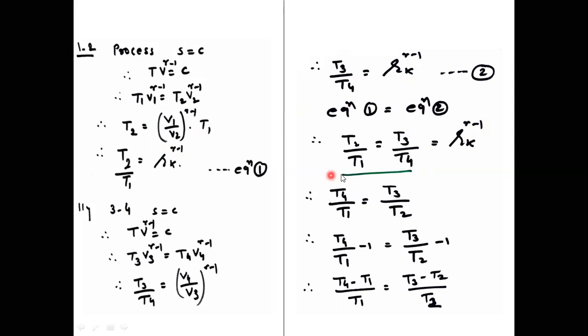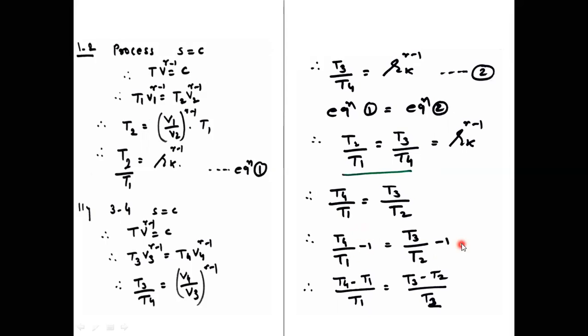Consider these two terms. Take T4 on the left hand side and T2 on the right hand side. Exchange it, mathematically it's okay. So T4 divided by T1 is equal to T3 divided by T2.